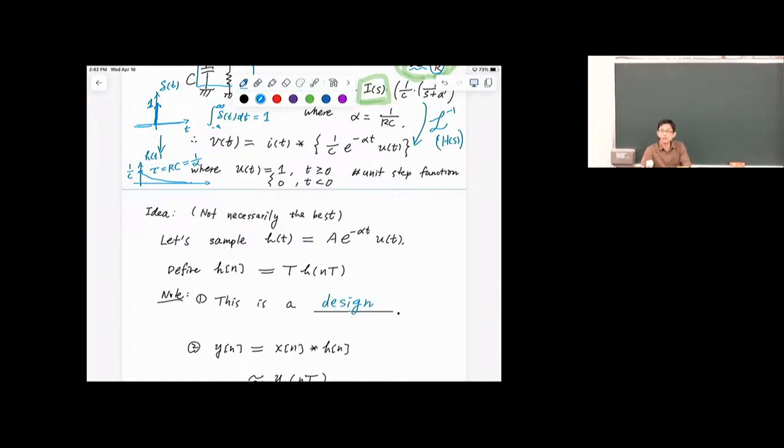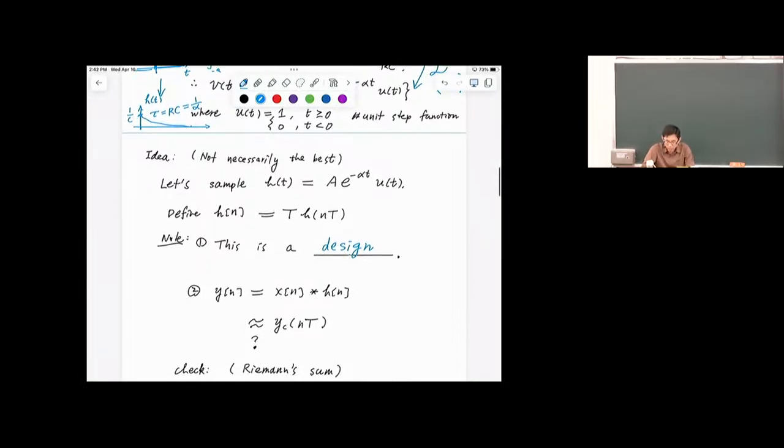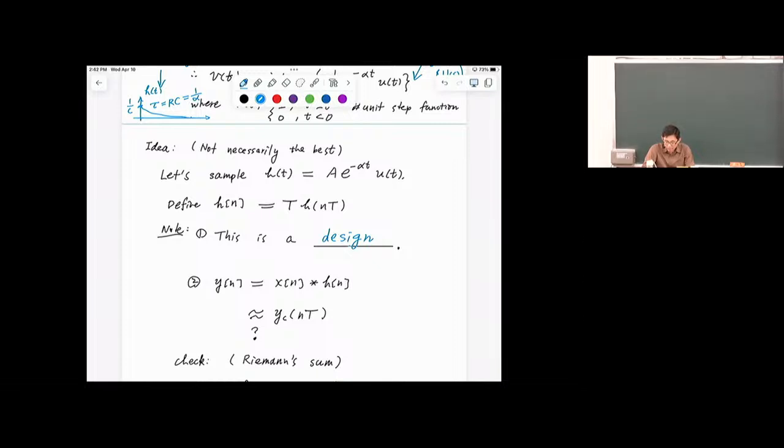It's design thinking. We have a desired system in analog. I want to mimic its behavior by sampling its impulse response, and the result becomes a sequence. I argue that this is already a design in the sense that we are going to use this impulse response in discrete time in this way.